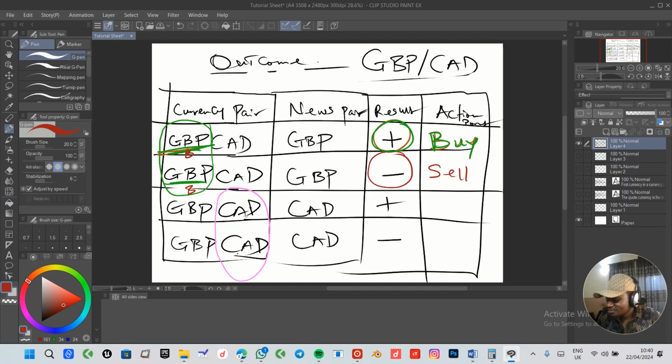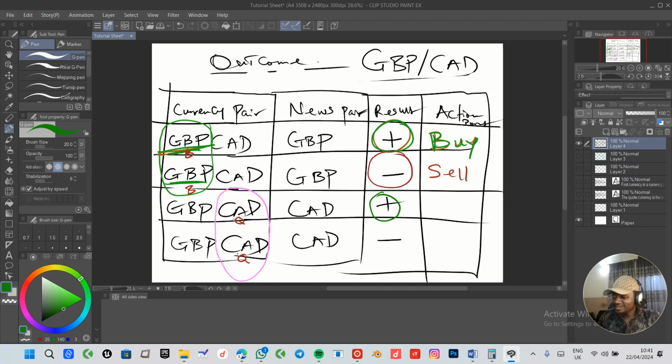Yes. So on the other hand, if you are trading the quote currency, and if the quote currency is positive, which means strong, what are you supposed to do, guys? Let me see if you are following. Let me give you 5 seconds to answer this.